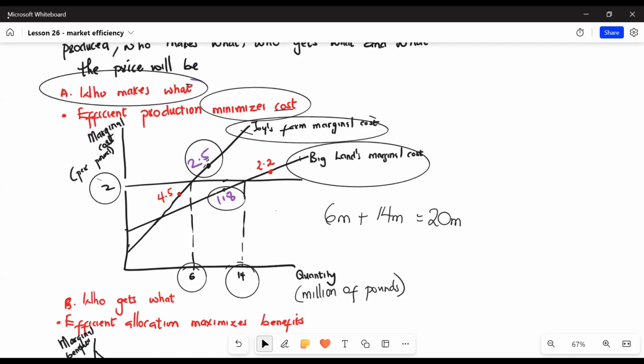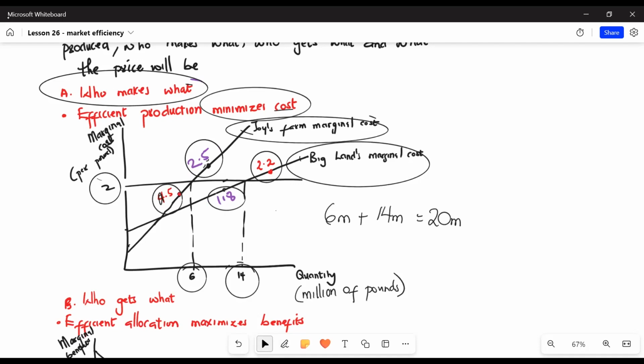Alternatively, what if you ask Joy Farm to produce fewer apples and Big Land to produce more? That is also inefficient because the total cost will rise and Big Land will produce those extra apples at a marginal cost bigger than 2, perhaps 2.2, even though Joy Farm could have produced those extra apples at a marginal cost lower than 2, perhaps 1.5.